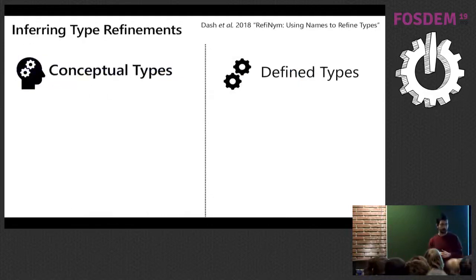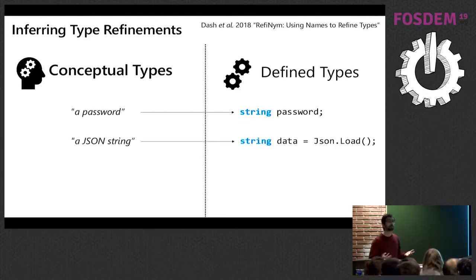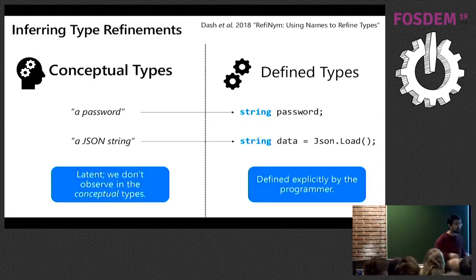We also had recently some other work, again mostly researchy things, not something that you can apply necessarily in your everyday life, where as humans, we write code, but we often use a lot of our primitive types. So you can have a string which represents a password, and you define it of type string, or a JSON string that you still define as another string, or something else.